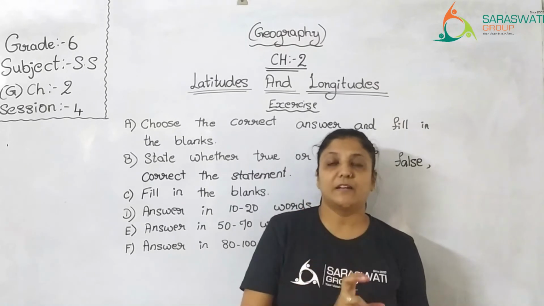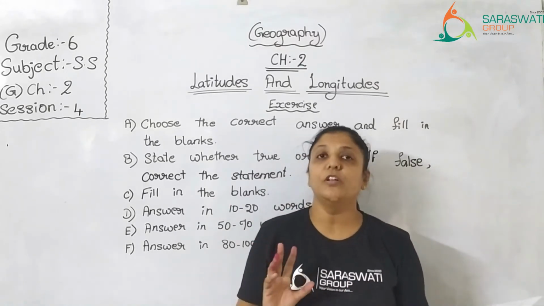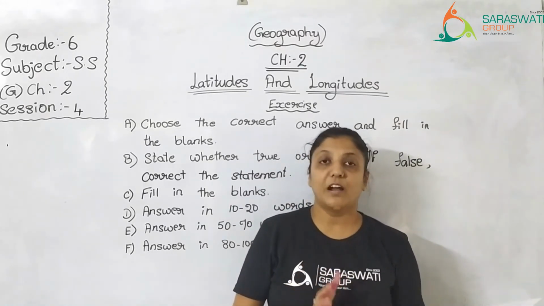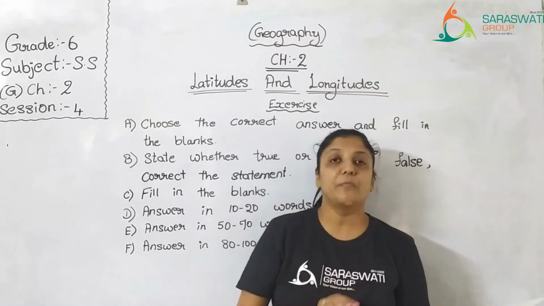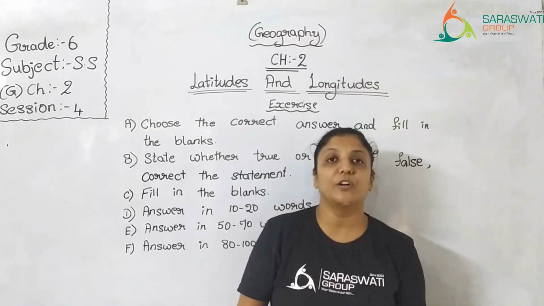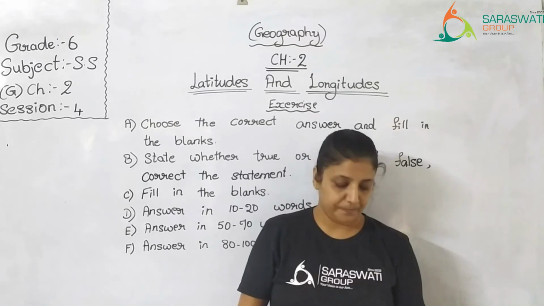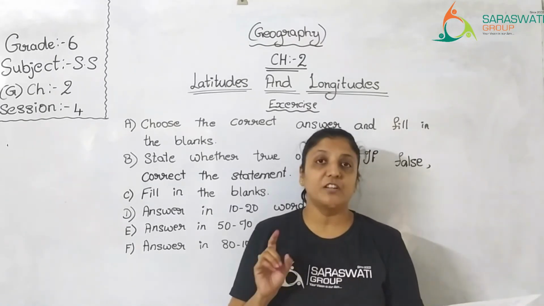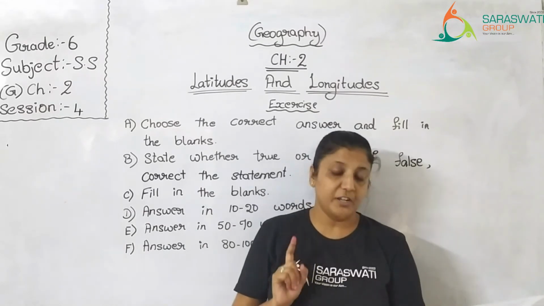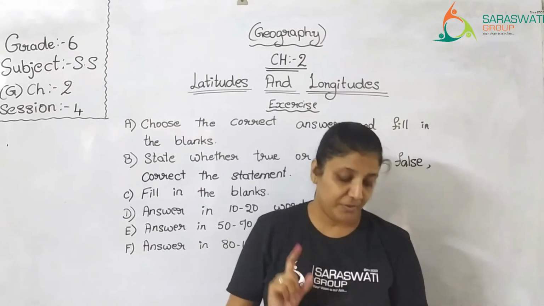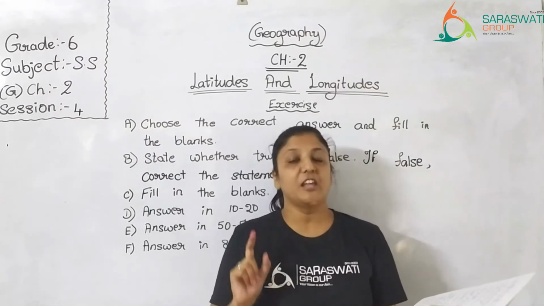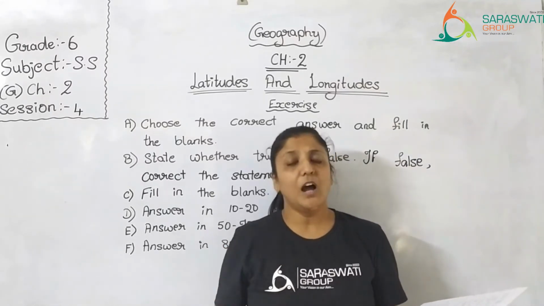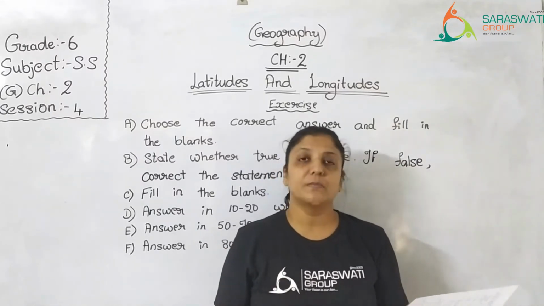First column for latitude, second column for longitude. Now write the difference. I have made the points and written the difference. You will also write in the same way. First one, a set of imaginary circular horizontal lines drawn between the poles and the equator are called latitudes.